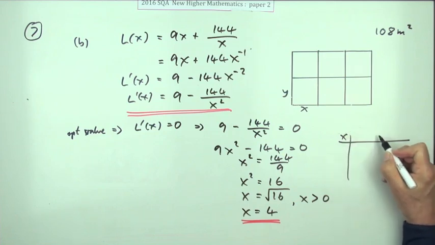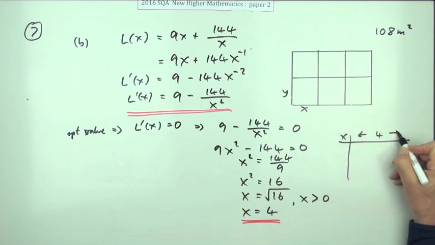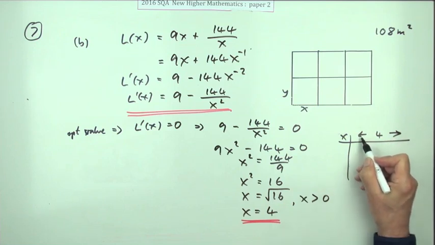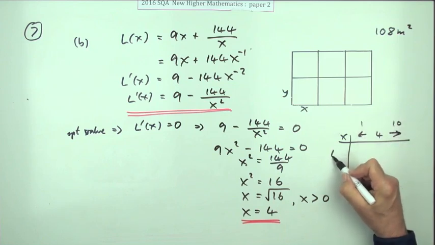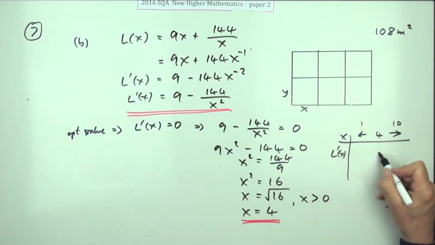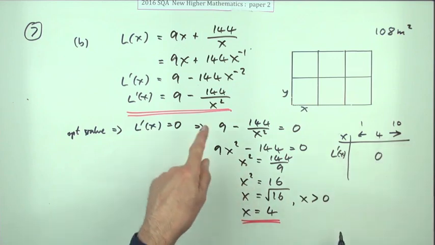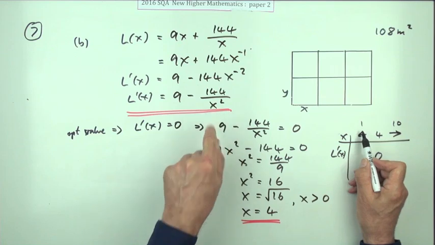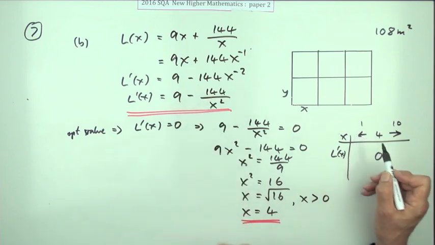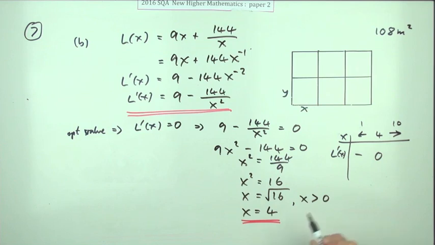So for x, pick a number before, pick a number after. You shouldn't pick 0 because x can't be 0, so pick something like 1 and 10 and find what L dashed x is. It's obviously 0 at 4 because that was the whole point. You solved the equation to make that happen. At 1, here's the expression here. 9 minus 144 is clearly negative.